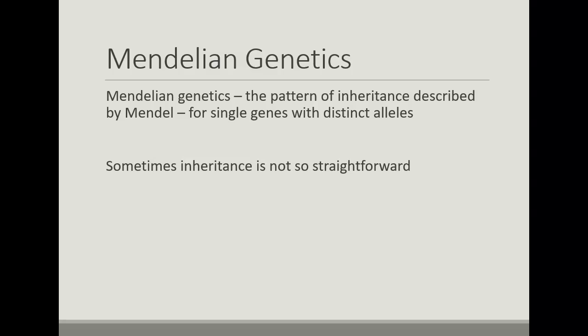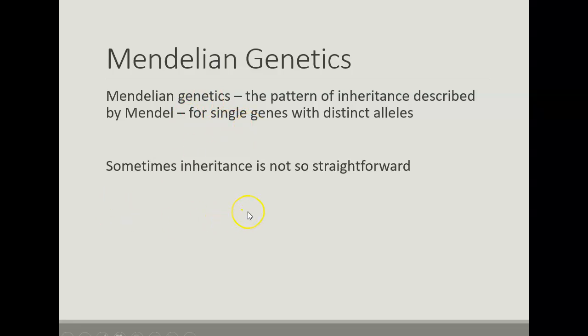So with a pea plant that has yellow pods versus green pods, for example, the gene is for pod color and the alleles are green or yellow. Those are just alternate forms of a gene. That's what an allele is. In Mendelian genetics, it's one gene with distinct alleles, and we can follow those patterns.